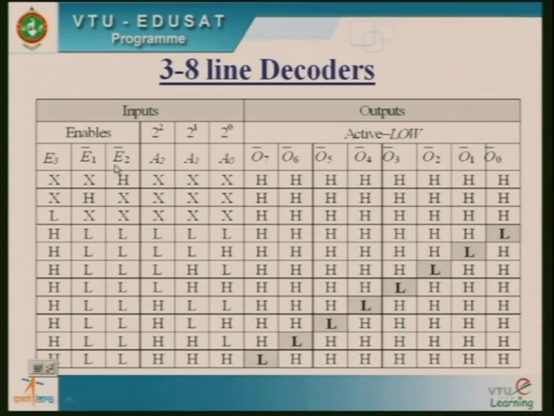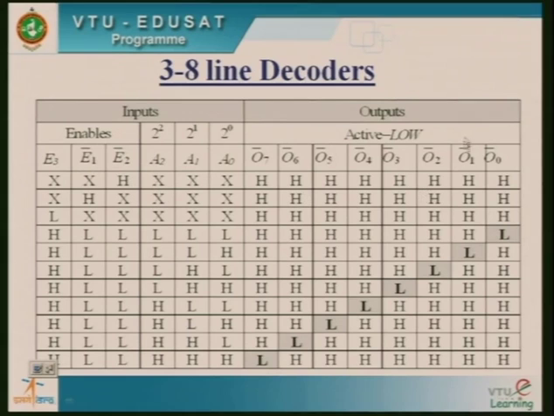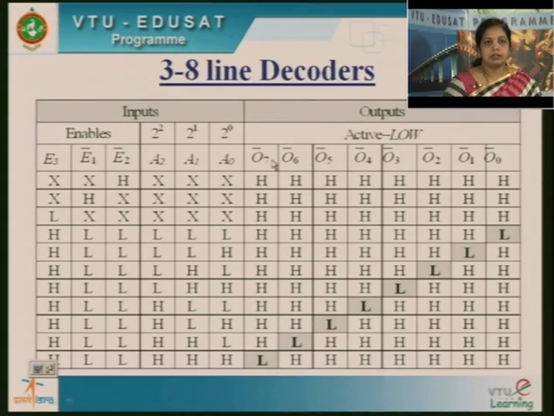So especially this 74138 has got 2 active low pins and 1 active high pin, and it has got 3 input signals and 8 output signals. Now you can just see these combinations. If this enable E2 is high, this is violating the rule, so you will not get the output.